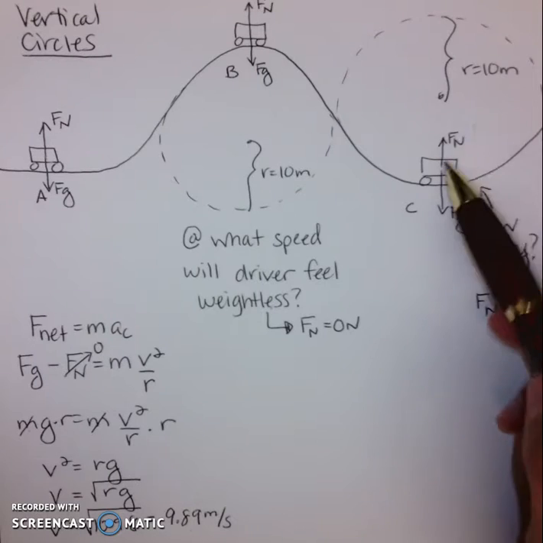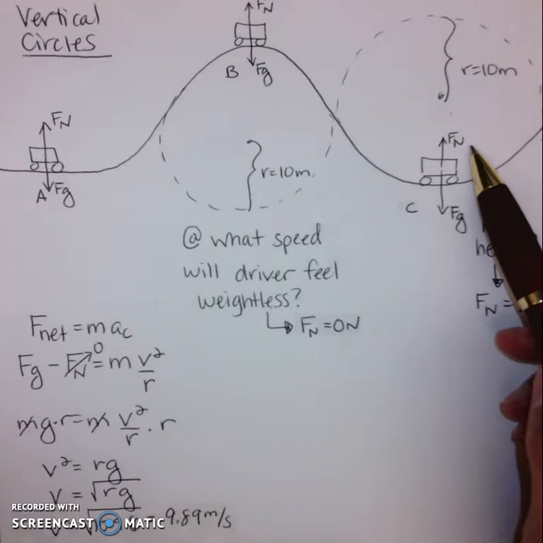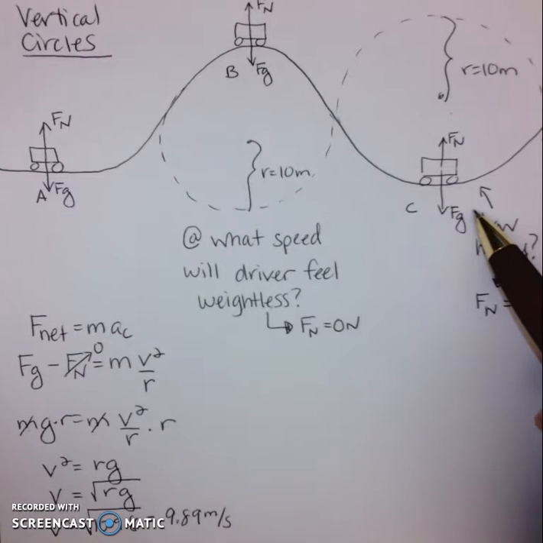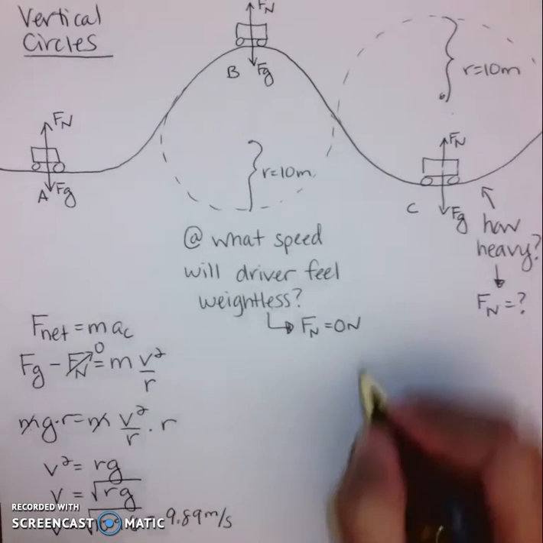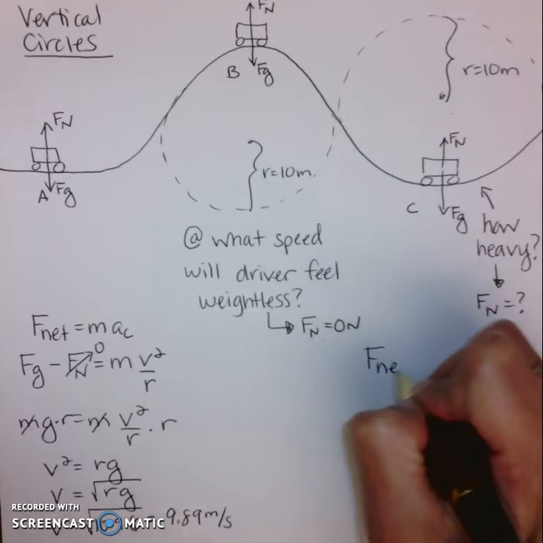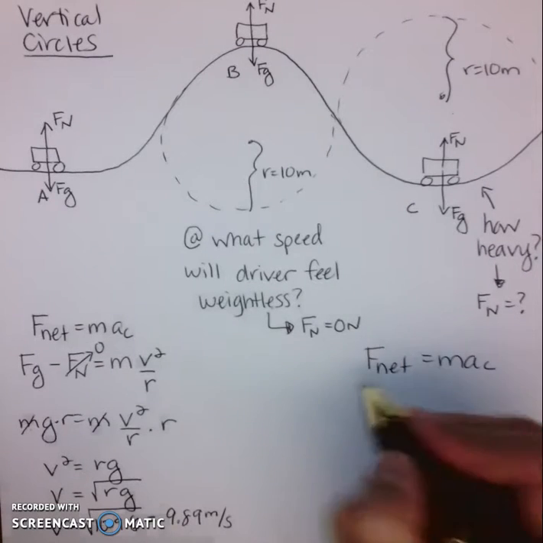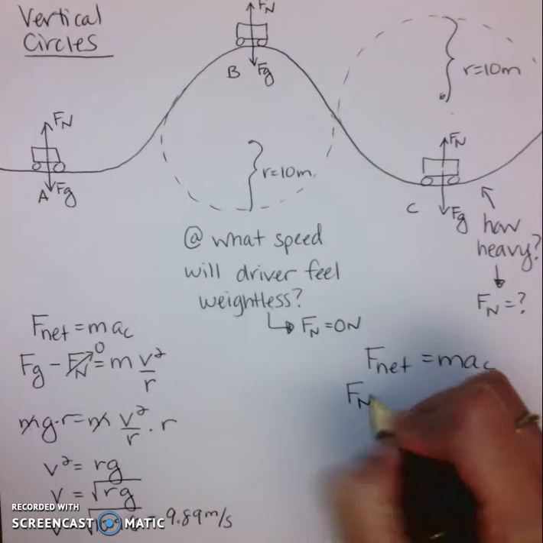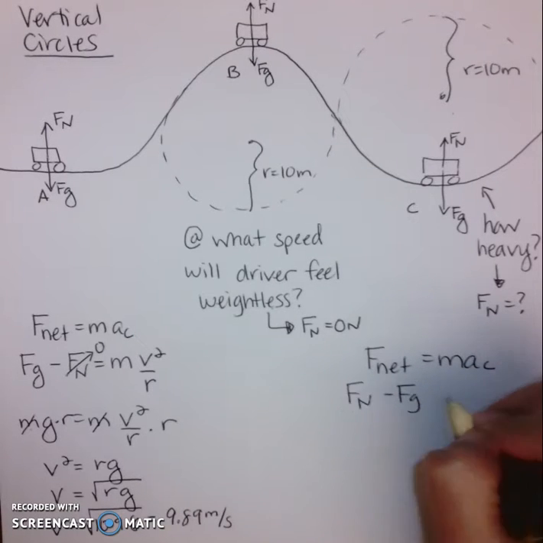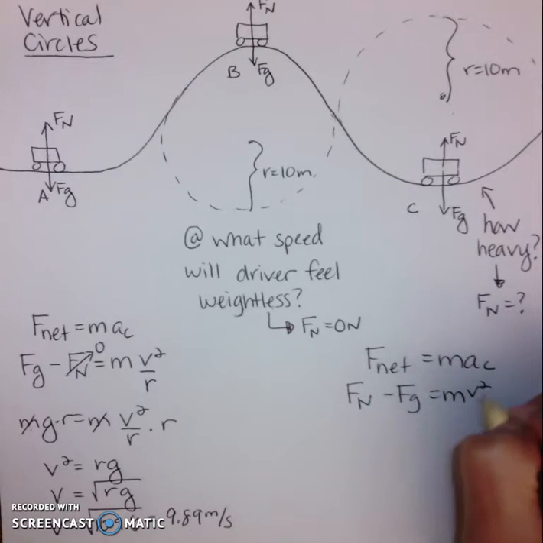My helping forces point inward, and that's my normal force. My hindering forces point outward, and that's gravity. So now I'm stuck here with F net equals mac because I'm moving in a circle, and my helping force now is the normal force minus gravity equals mv squared over r.